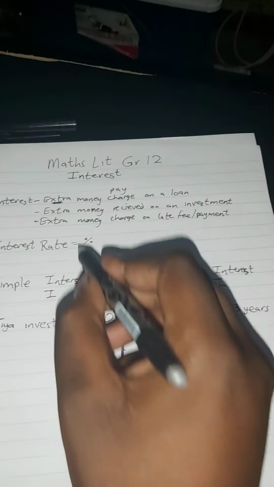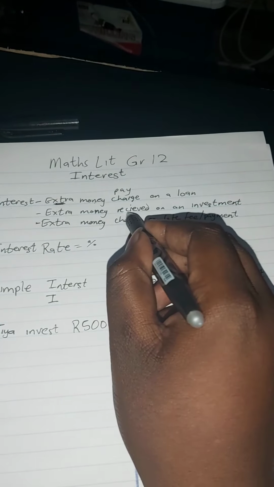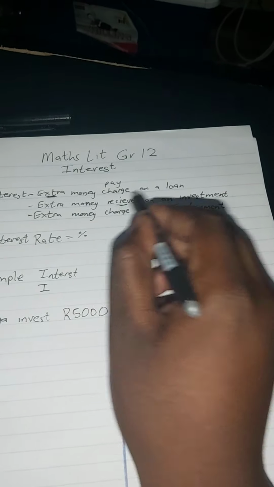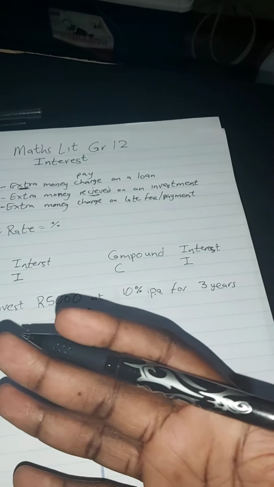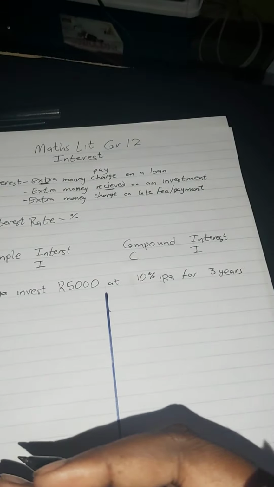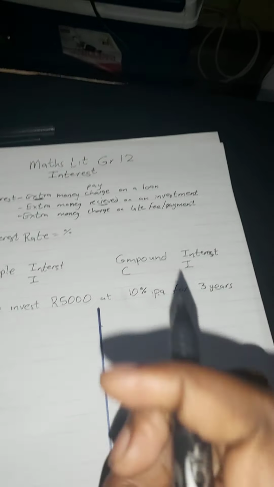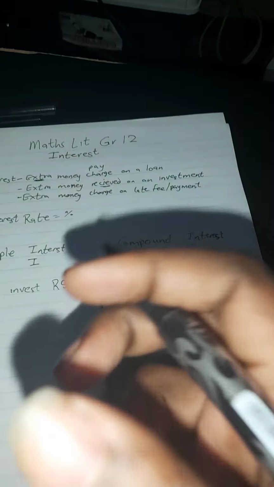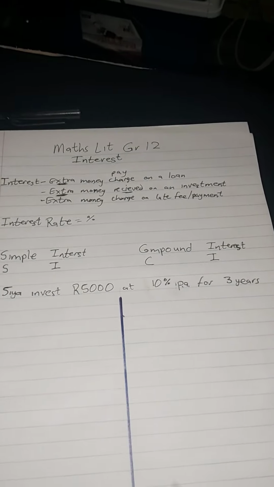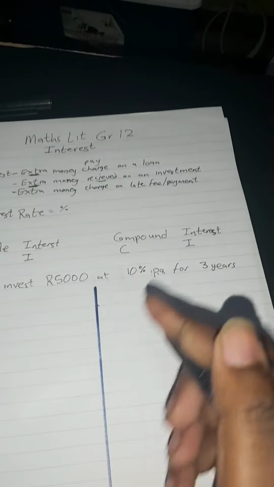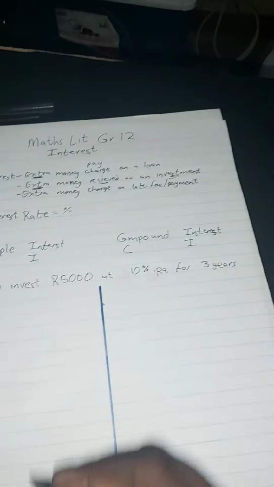And then another definition of interest is the extra money that you receive on an investment. Again, you invest 500 rands and then in return you get 550. That extra 50 rands, that is what we call interest. It's the money that we have gained from the investment.